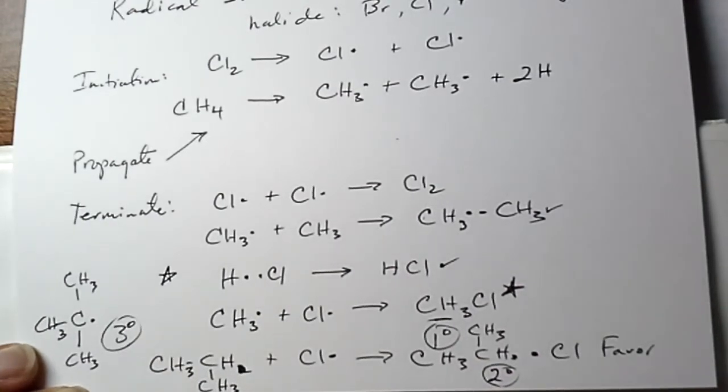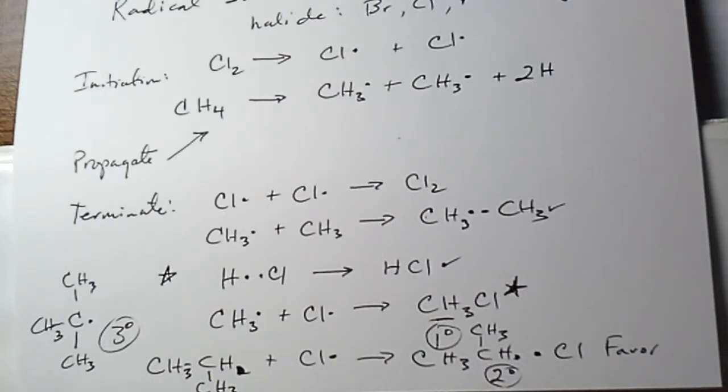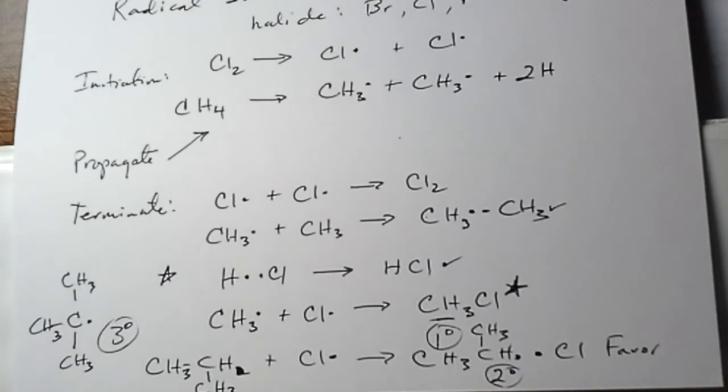So we'll look at this again when we look at some of the tests for alkanes, alkynes, alcohols. The primary product is usually the one that produces the most stable radical, and tertiary is the most stable.